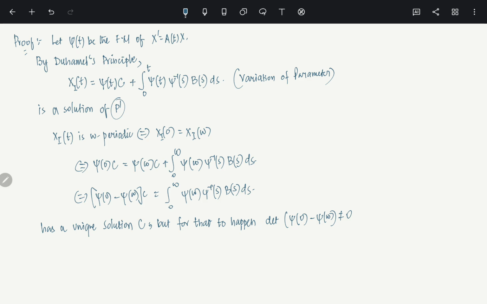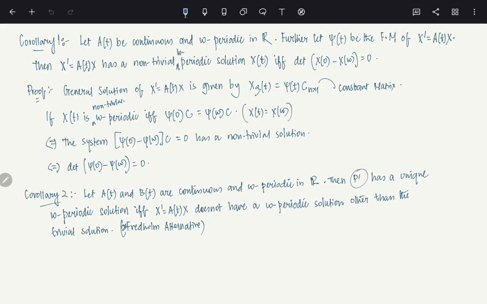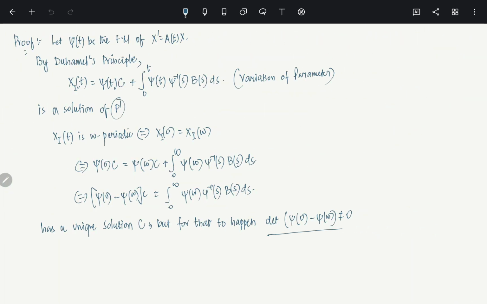Now, of course, the theorem holds. The theorem says that if the homogeneous system does not have a W periodic solution, then P prime has a unique W periodic solution. See, if the determinant of phi 0 minus phi W is 0, then there is a non-trivial W periodic solution of this system. What we showed is that for this problem the determinant of psi 0 minus psi W is not 0.